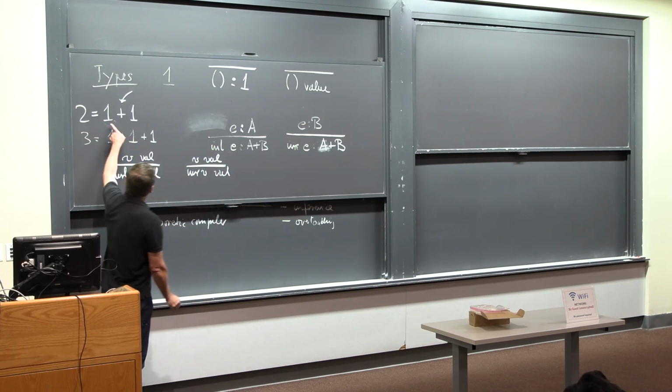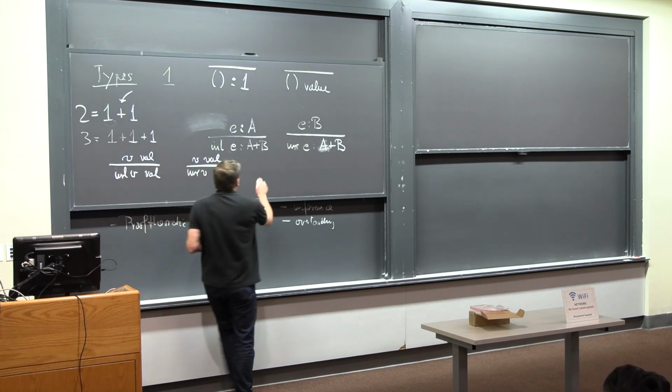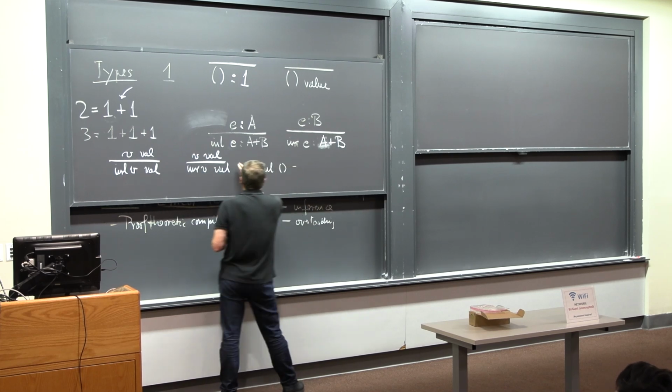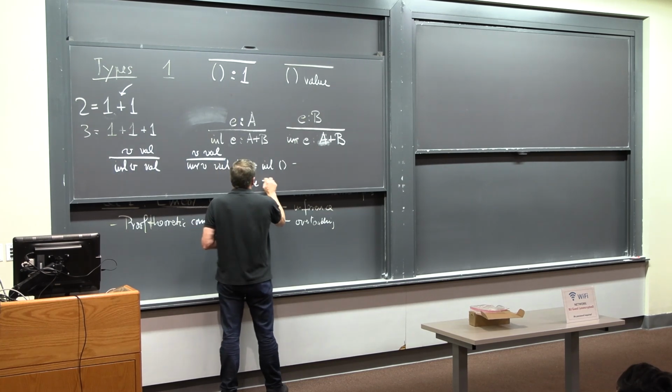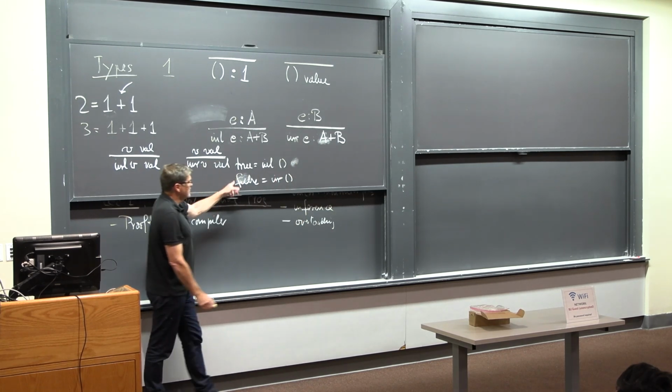Now I can prove that, for example, of type 1 plus 1, there should be exactly 2 values, namely in left of unit, which maybe we can call true, or in false, that could be in right of unit, where these parts here are completely arbitrary.